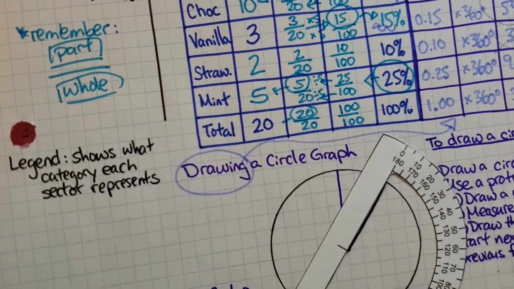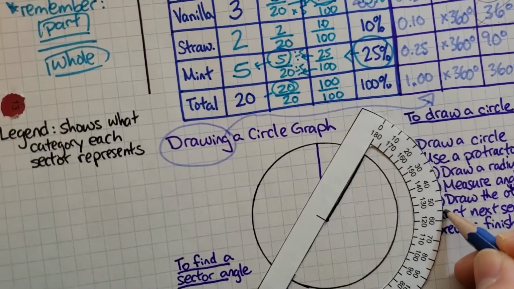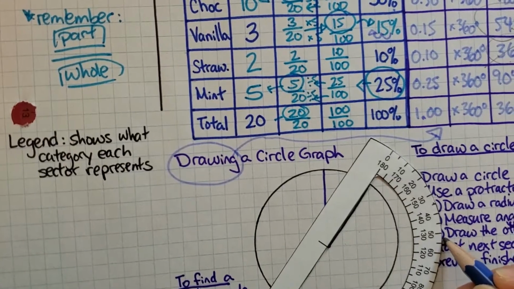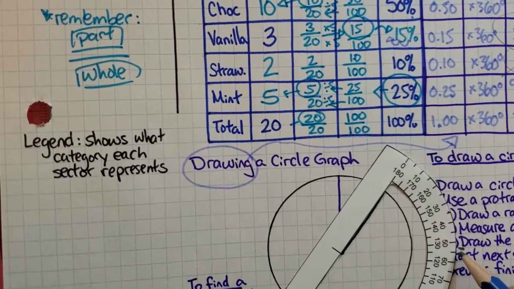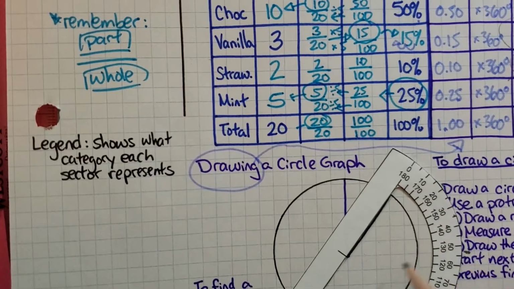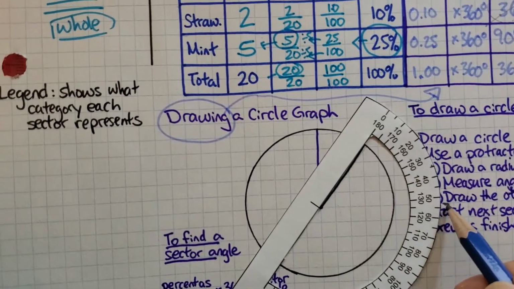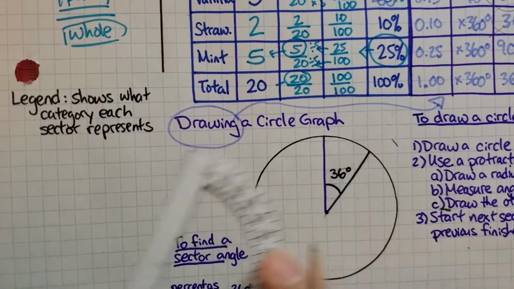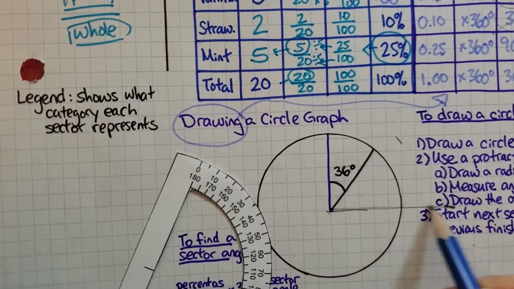And 54 degrees is right about here, just before that 55. You know what? Because I used graph paper, it's lined up pretty good. So 54 degrees is pretty close to this line here. Follow this line in. I don't need a ruler. And that's 54 degrees.